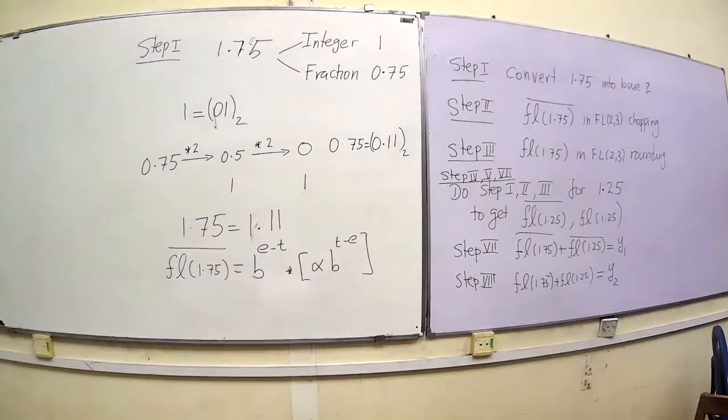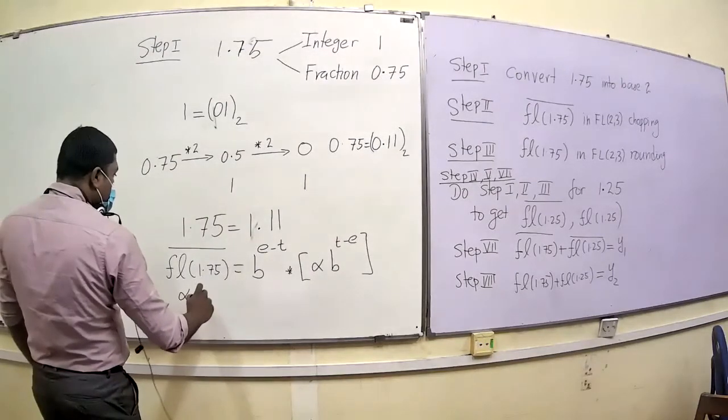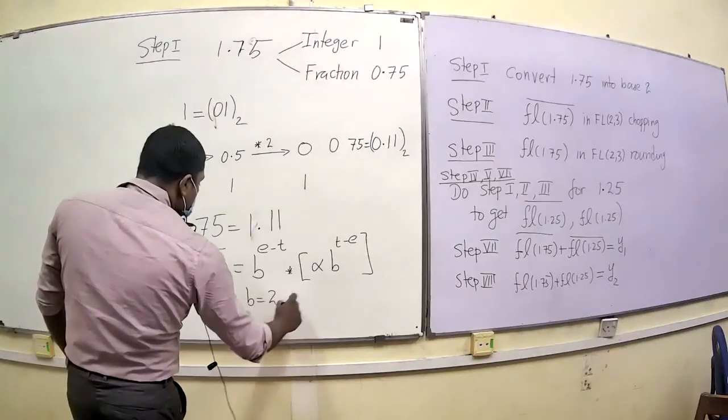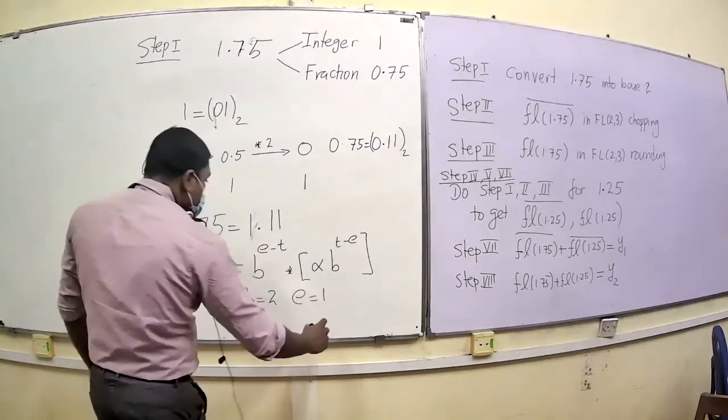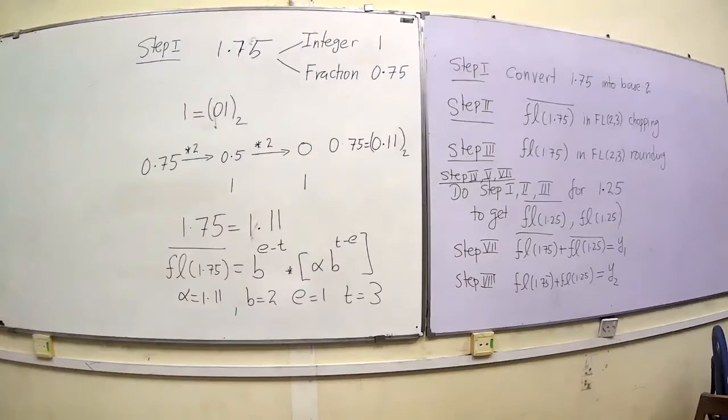Right. So here you know that alpha is 1.11, b is 2, e is 1, t is 3. So if you put all these values, you can find FL bar of 1.75. Similarly, you do that for FL, the other formula you have.